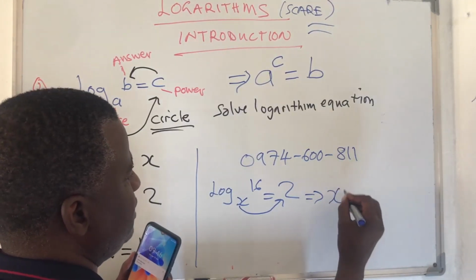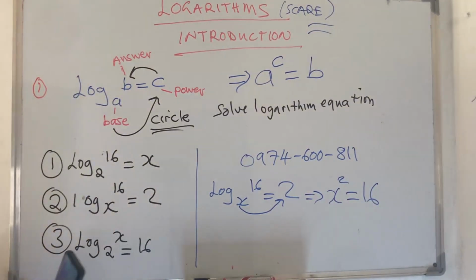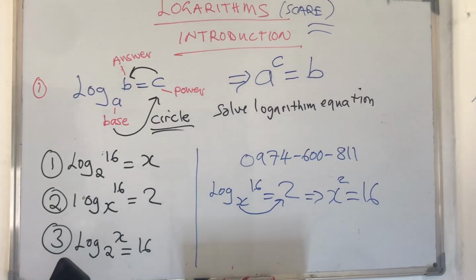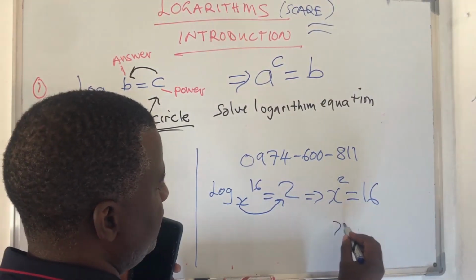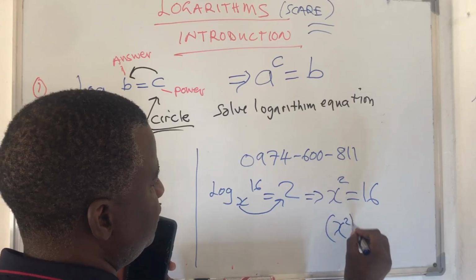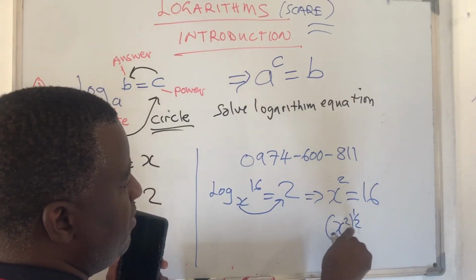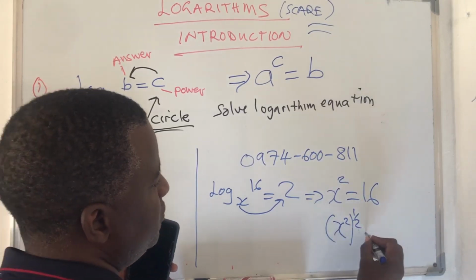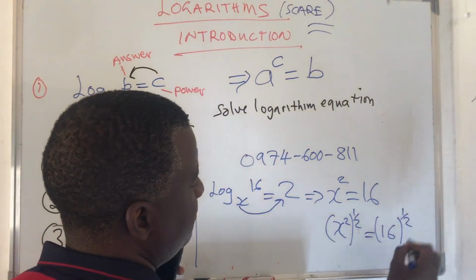So you are going to have x to the power 2 is equal to 16. Right, so how do you solve for x there? So here what you do is, this x squared, you raise it to the power half. Why you are raising it to the power half is so that you can cancel the 2. The 16 you raise as well to the power half.